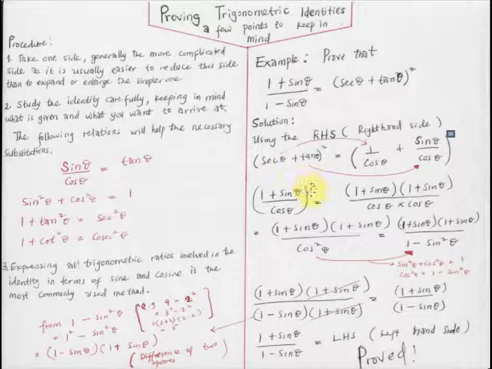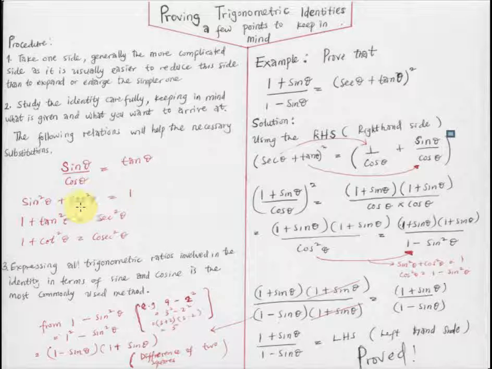If we go ahead and square this, we multiply the top, 1 plus sine theta, by 1 plus sine theta, and multiply cos theta by cos theta. This is what it's going to give us: 1 plus sine theta multiplied by 1 plus sine theta over cos squared theta. Now remember the identity that sine squared theta plus cos squared theta equals 1.